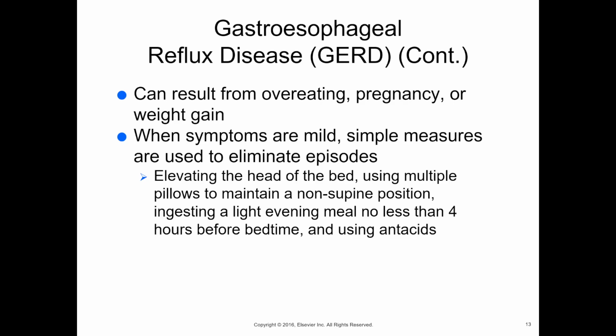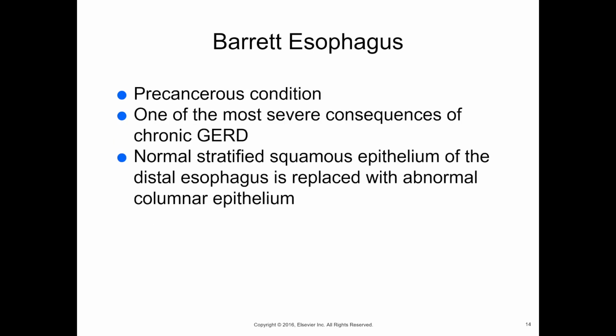Now, antacids are one of the primary ways to treat this, and this includes things like proton pump inhibitors and the histamine-related drugs, but those actually can predispose people to other problems, especially things like H. pylori infections, which we'll talk about shortly.